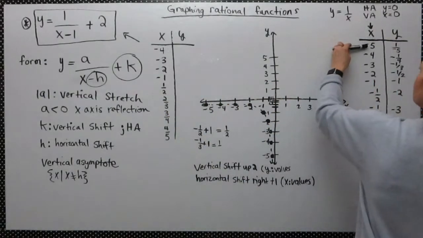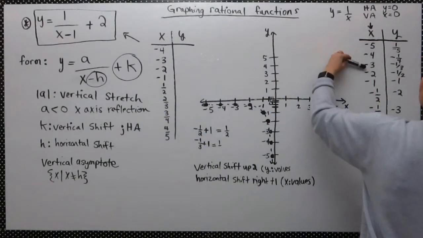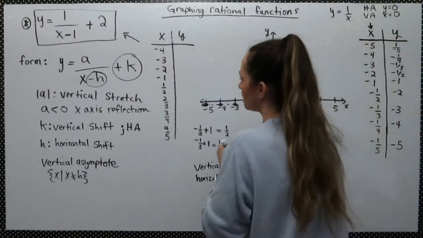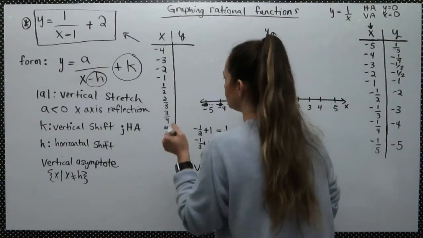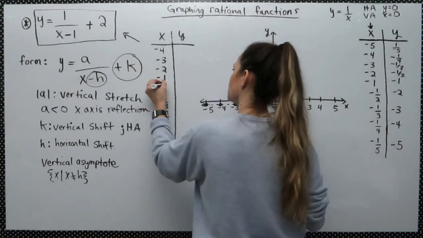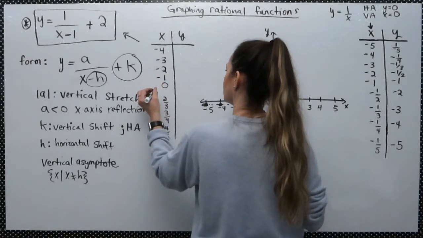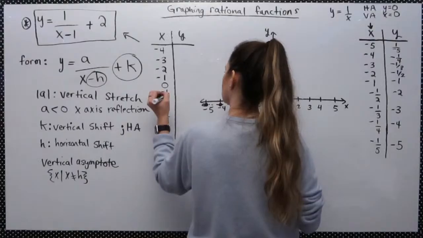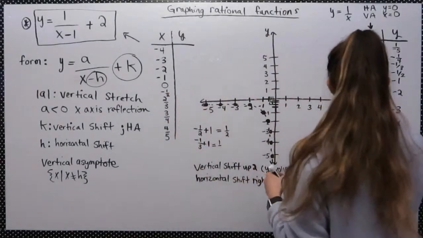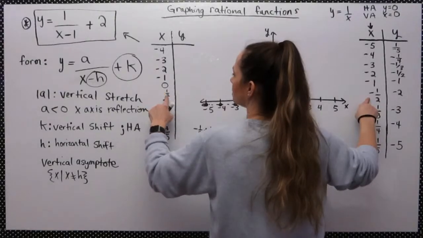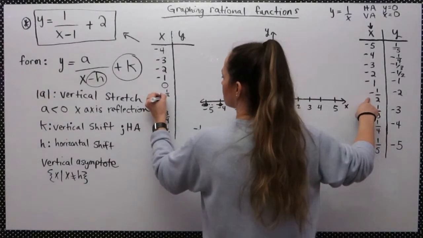So 4, 3, 2, 1, and then 0 would be on here. Okay, so I can't skip 0. Let's see if I can crowd it in here, because -1 minus 0 is on this new graph. And then that was still a -1/2, I think. Okay, -1/2 plus 1 is a +1/2. Okay, all right, I think I've got it.